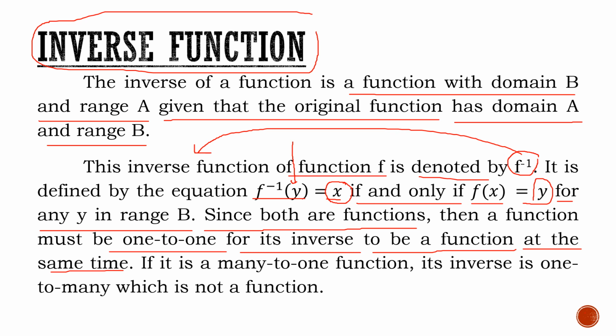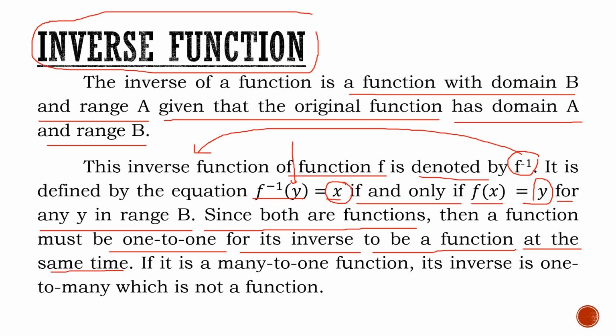Because if we take the inverse of a function which is not one-to-one, then you cannot get the inverse of this function because only one-to-one function has an inverse function.